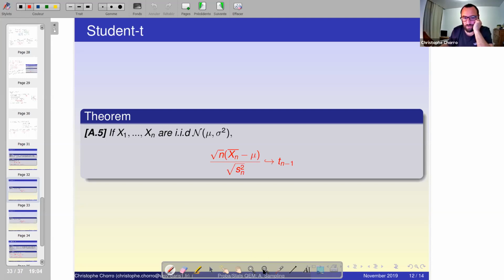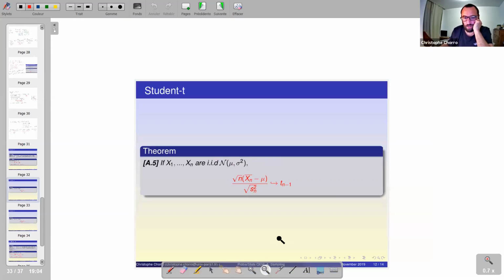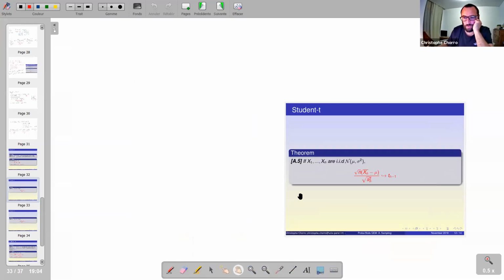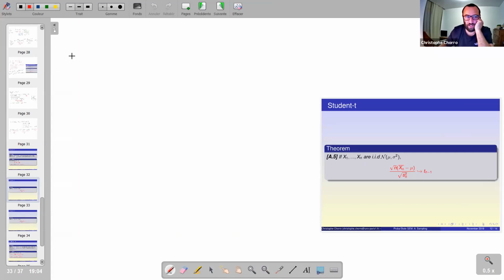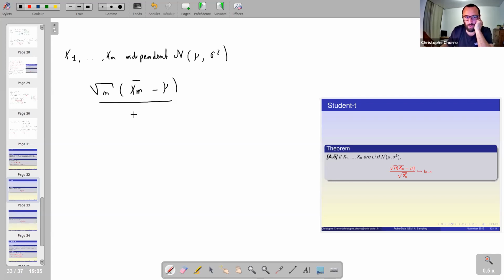So let me remind what we have seen together already. We have seen together that if I start from my independent N(mu, sigma square) here, the square root of n, X n bar minus mu, over sigma follows N(0,1).